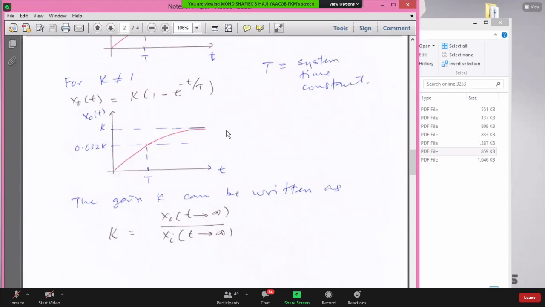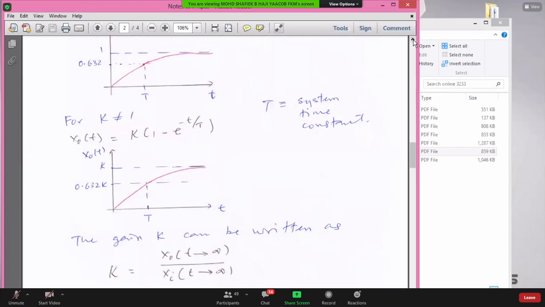So that is why we classify the system based on the order of the system. Okay, so that's about it. Explanation about the time response of a first order system. Any question? Do you have any question?